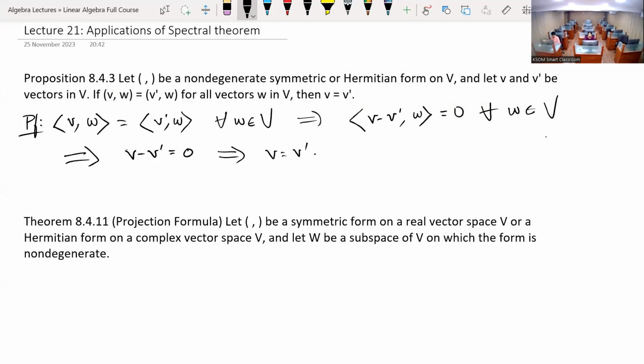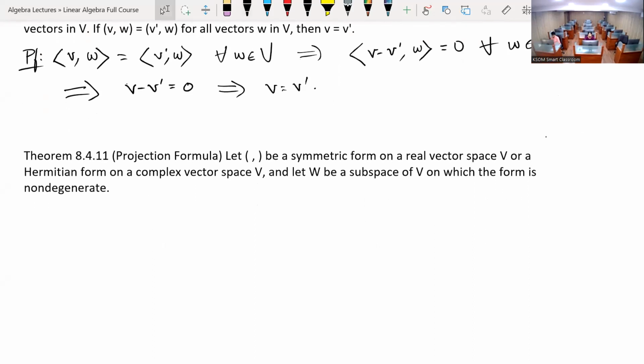Similarly, there is this projection formula statement I haven't written completely. Let this be a symmetric form on a real vector space V or a Hermitian form on a complex vector space V. As I said, we proved some results for symmetric and some for Hermitian, and those results hold in both situations.